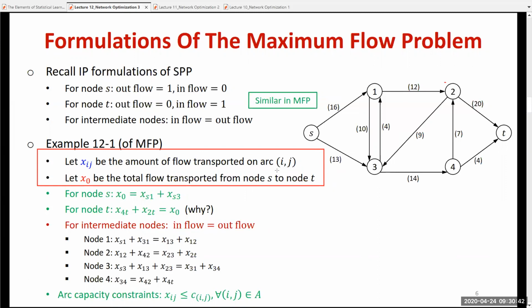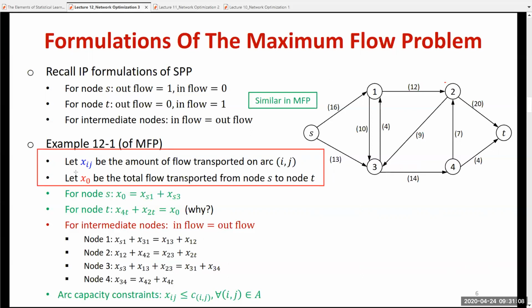When I say arc ij, it's directed from i to j. If I say edge ij, it doesn't matter whether it's i to j or j to i. But here we'd better say arc ij, because there's no guarantee it's bidirected or undirected. The graph could be directed, so from i to j is not equivalent to from j to i.